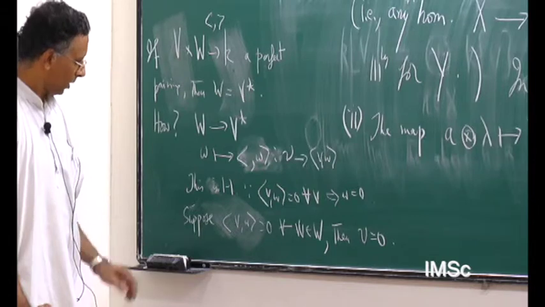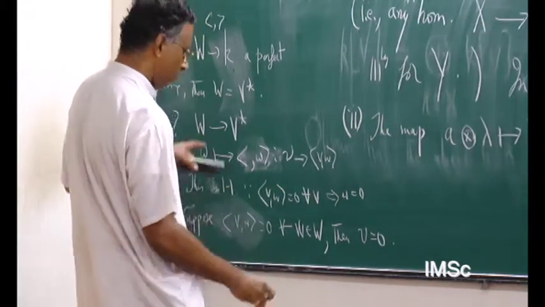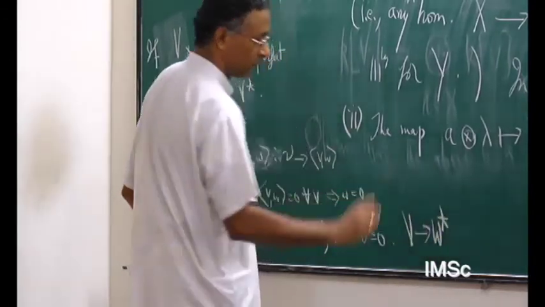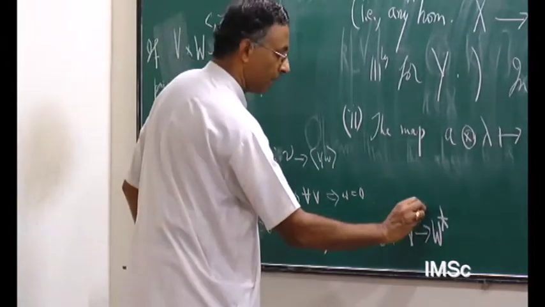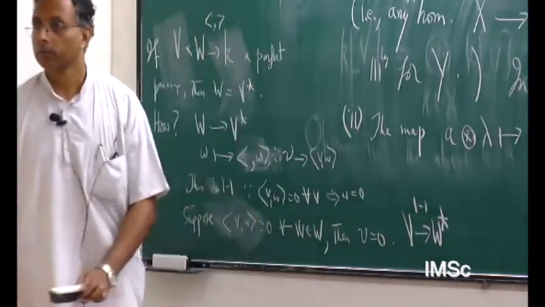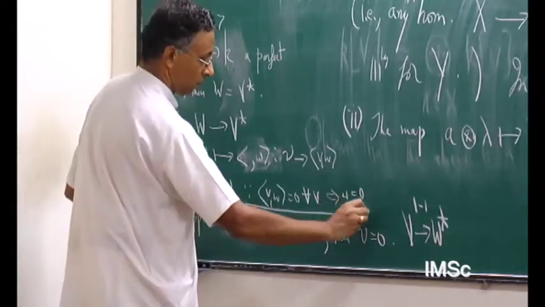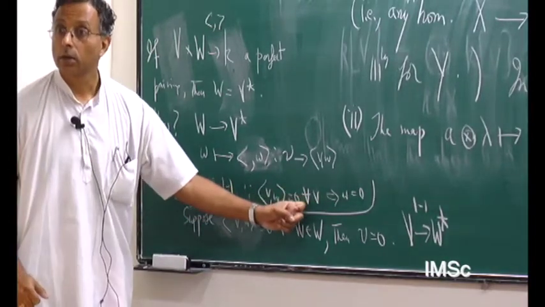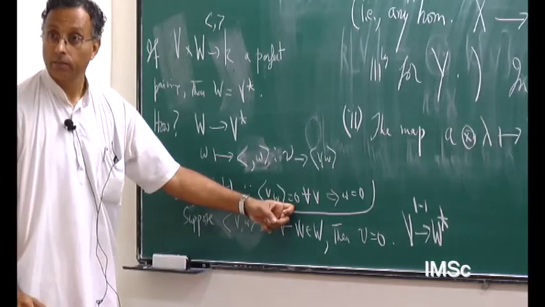Right? What does that mean? That means you have a map from V to W star, right, which is 1 1 for the same reason. We have proved that this map is 1 1 because of this property.